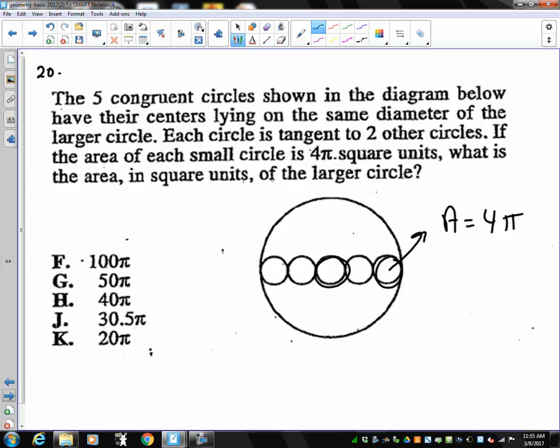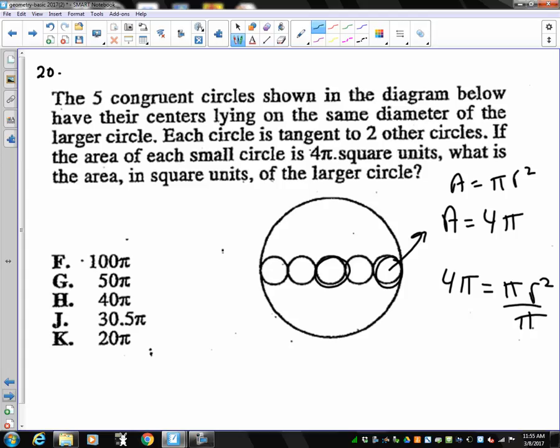What I really need to do is take the area and work backwards to find the radius of each little circle. So the area is 4 pi, and we know that the area is equal to pi times the radius squared. So we'll get 4 pi equals pi r squared. Now we just need to solve for r.